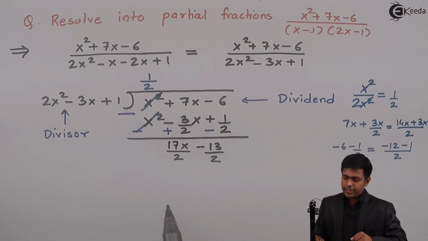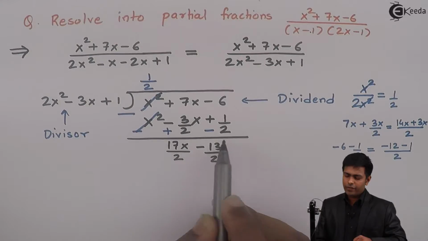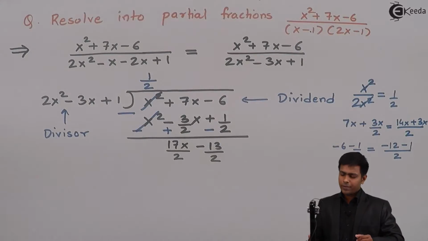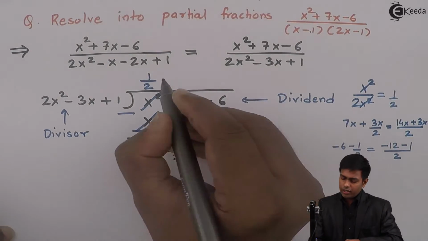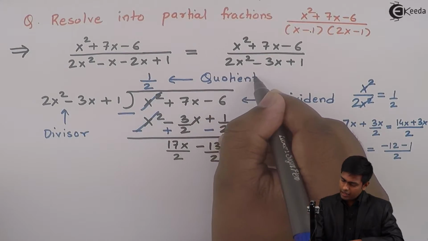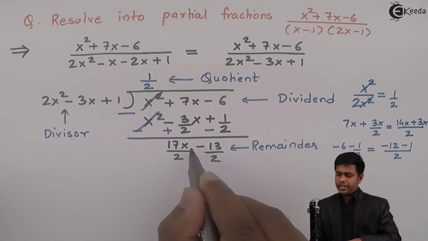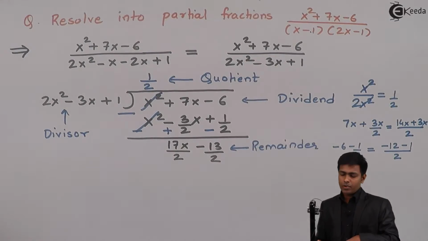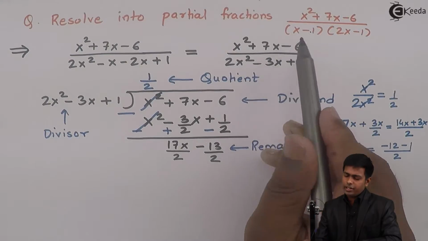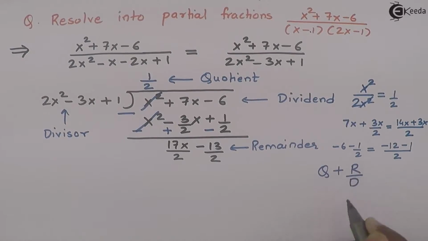Now we will stop the division process over here, because the degree of the dividend, this new dividend, is less than the degree of the divisor. So here we got the quotient as 1/2 and we got the remainder as 17x/2 − 13/2. And now we will represent the given polynomial in the form quotient plus remainder upon divisor.